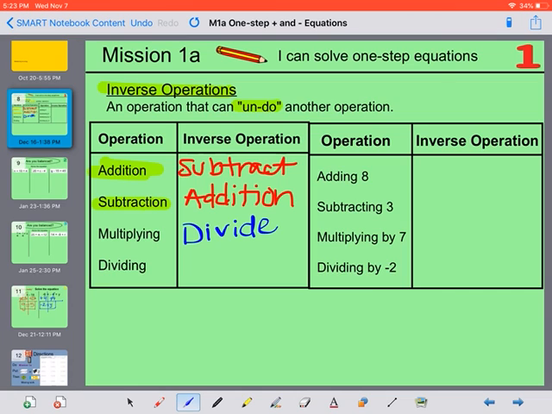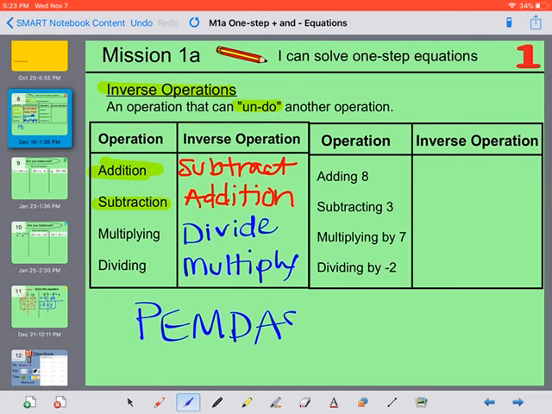And if I was dividing, to undo that, I would multiply. This is why when we have our order of operations, our PEMDAS, these two go together. Adding and subtracting go together, and multiplying and dividing go together. They're really opposites or inverses of each other.